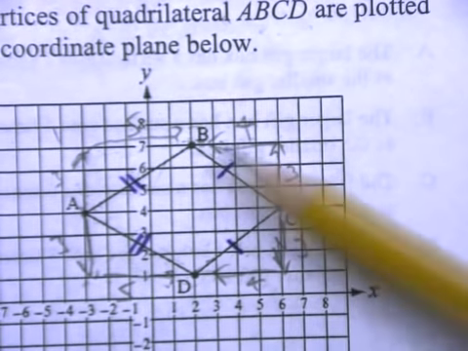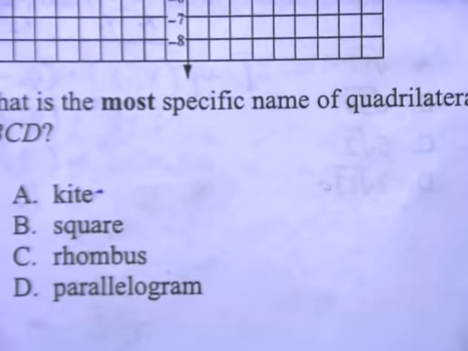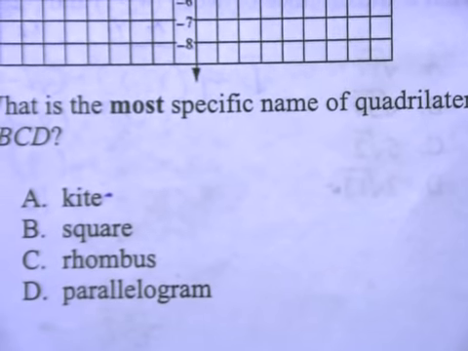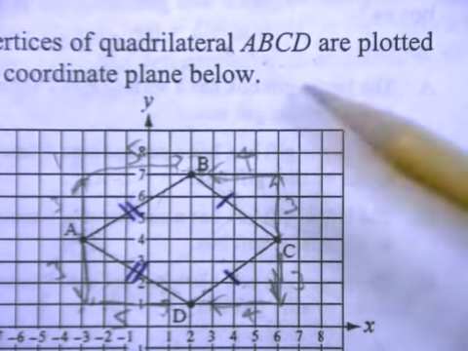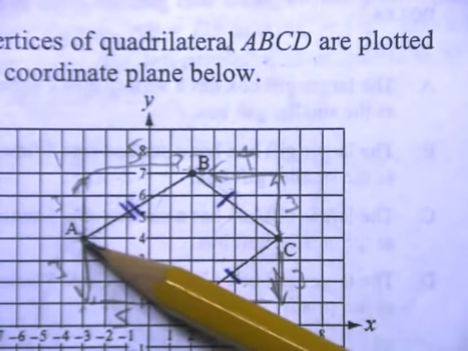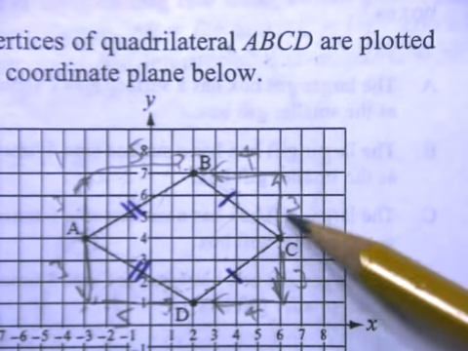Choice C says what? It says rhombus. How do I know that it's not a rhombus? Again, in a rhombus, opposite sides are parallel, but they're also congruent. So I know they're not. And how do I know that it's not a parallelogram, right? Well, in a parallelogram, the opposite sides are going to have the same slope.